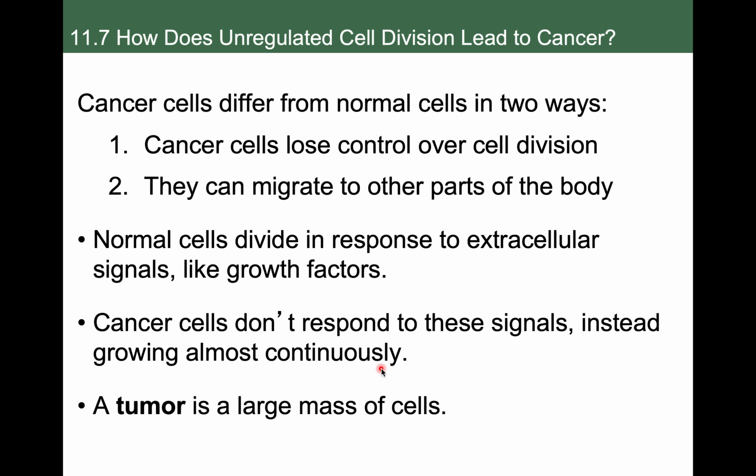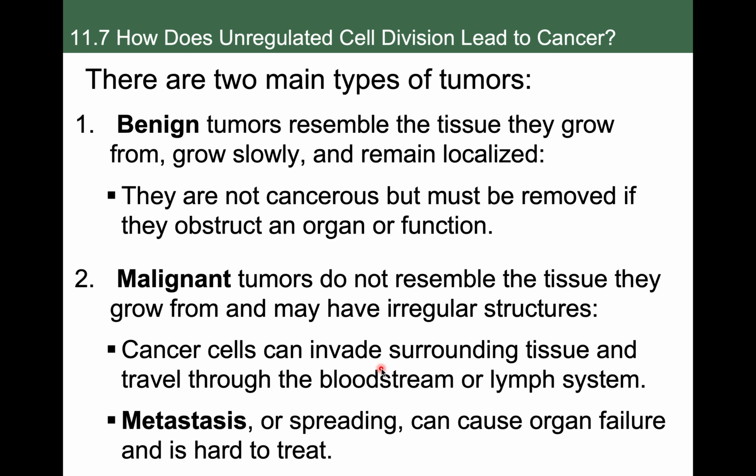So again, this is really all due to typically mutations that have happened over the course of a lifetime. And anytime you have cells that are dividing too much, you end up with a mass of cells, and that's by definition a tumor. Tumors can be benign, meaning that they are still in the original location where they initiated.